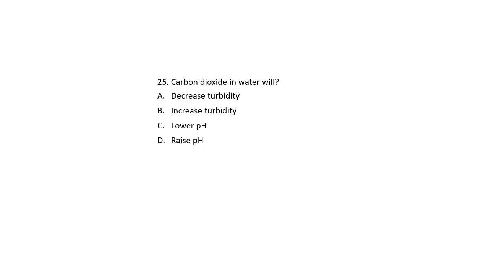Carbon dioxide and water will decrease turbidity, increase turbidity, lower pH, raise pH. Answer is C, lower the pH. It's often used in lime softening and treatment processes to lower pH.